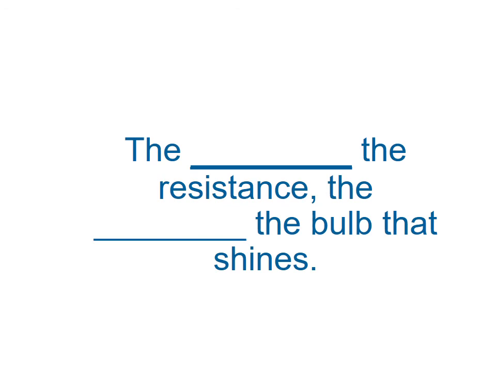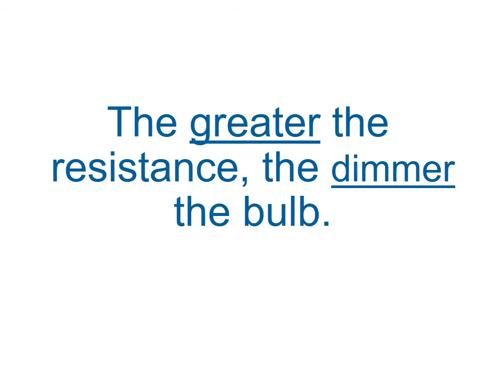Now I'm going to put here: the greater the resistance, the dimmer the bulb. And this allows us to use variable resistors to have dimmer switches.